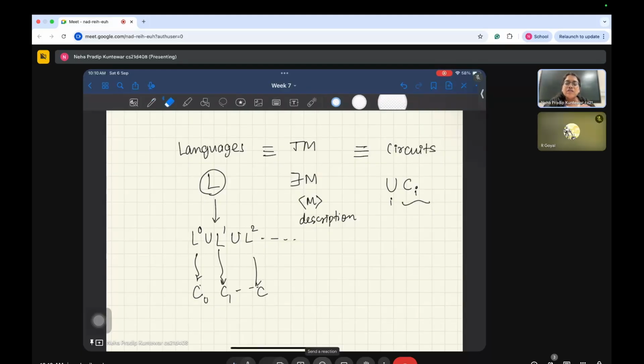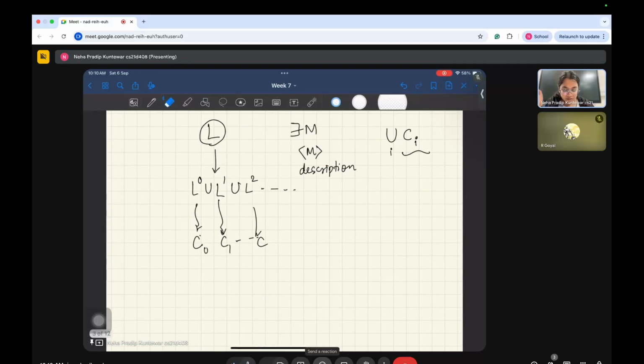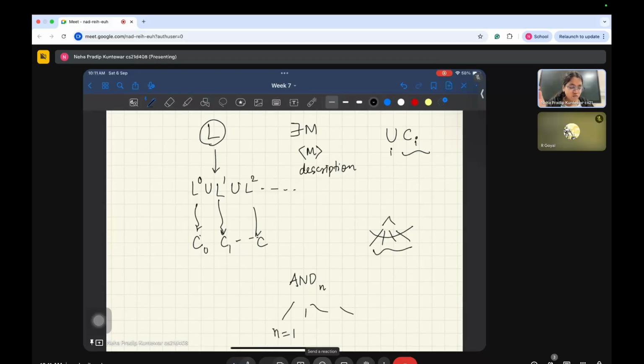For example, if the function is a simple one, computing AND of n, it could be that there's only one variable or two variables and so on. So this itself we can think of as n having different values. I don't need to give all the circuits. I just know that there's a description where you can have an AND gate with that many inputs. So even if we can give a description, it is enough.